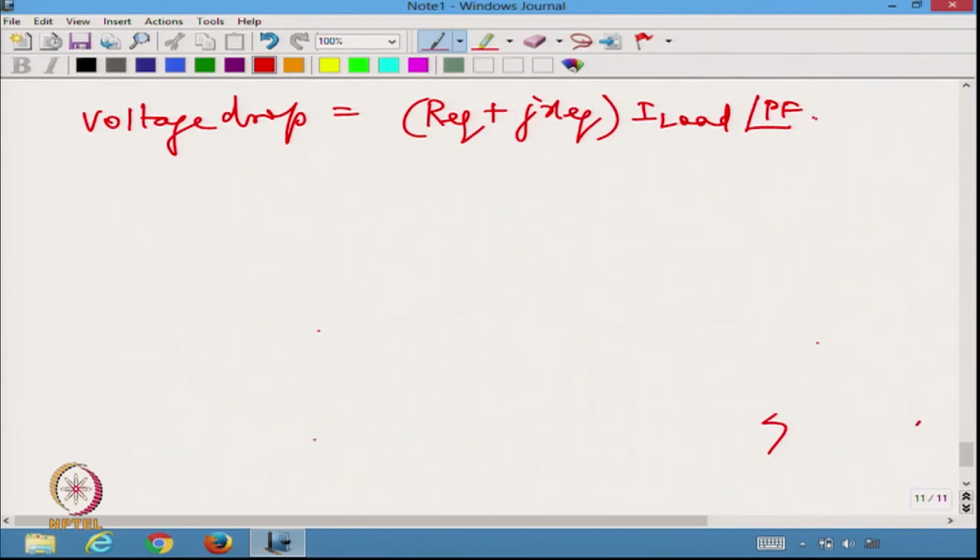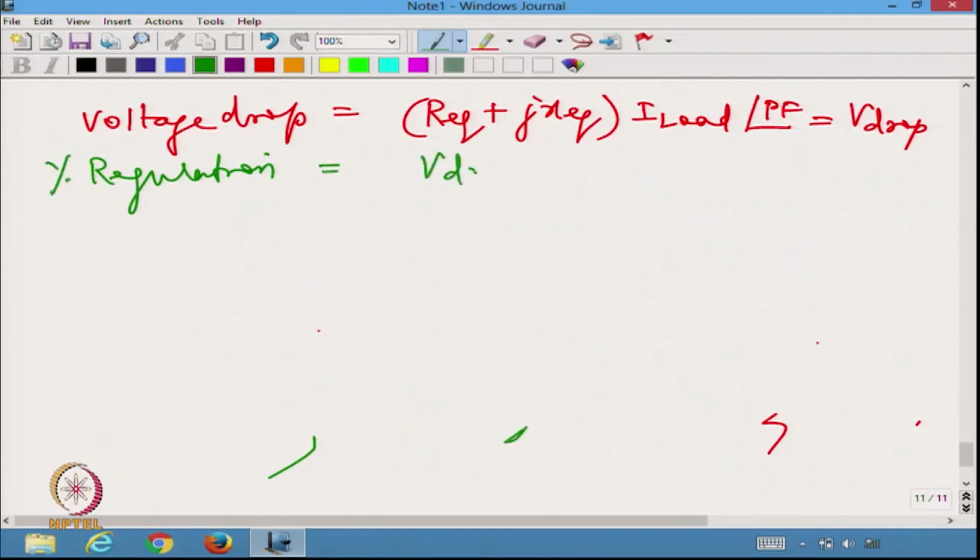So, now if I may call this as V drop, I can say regulation in percentage will be V drop divided by rated voltage multiplied by 100. This is what is percentage regulation.